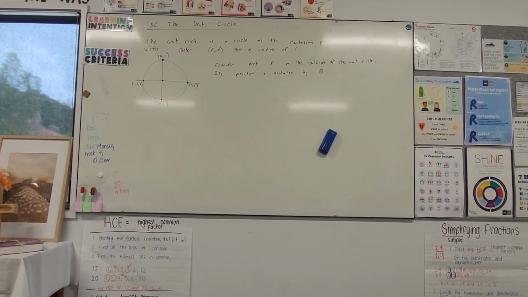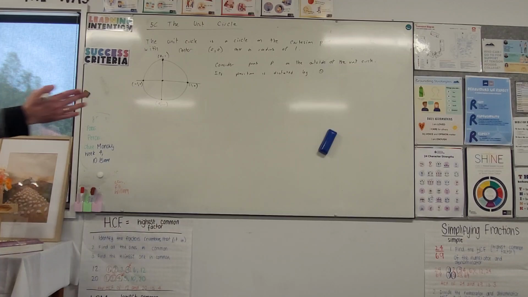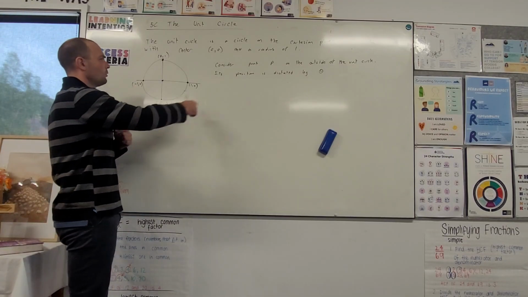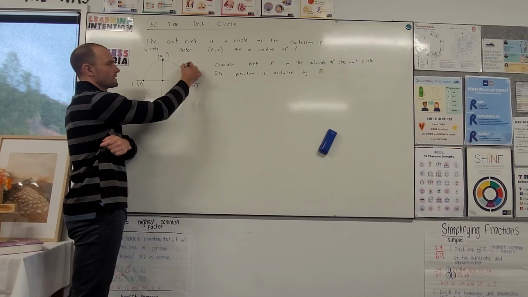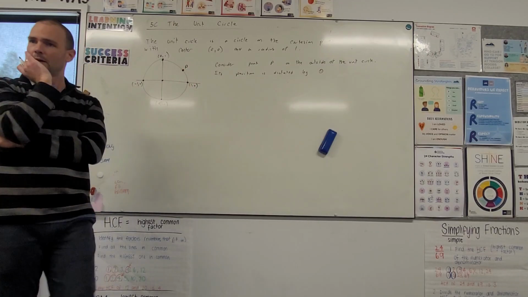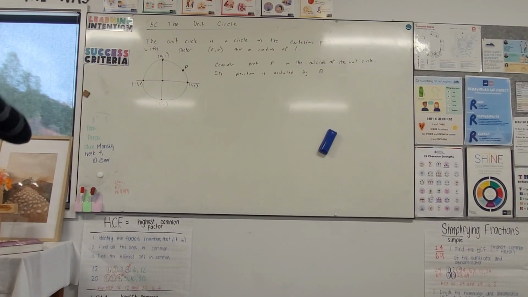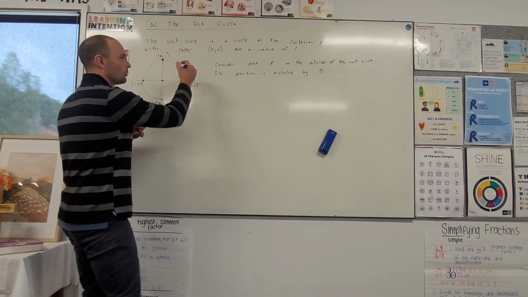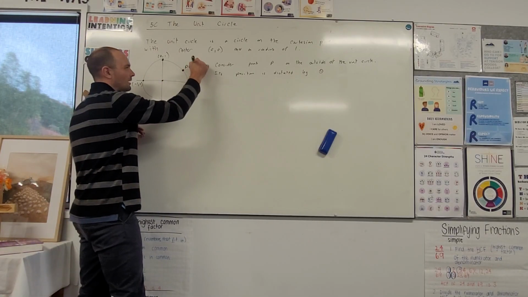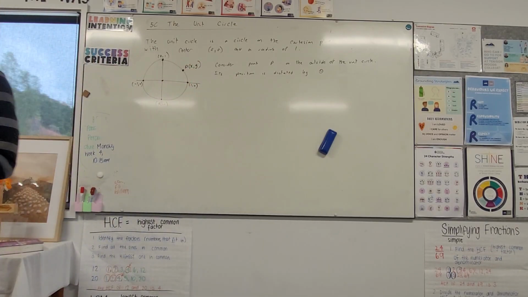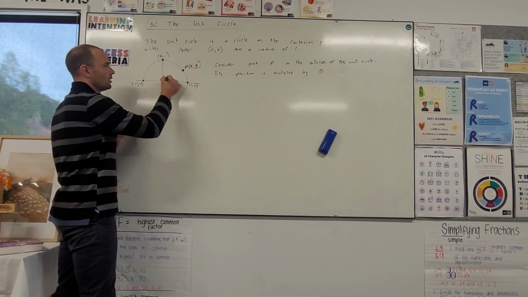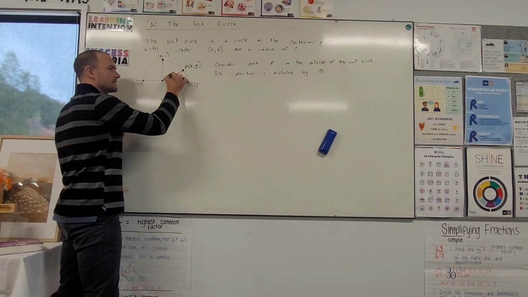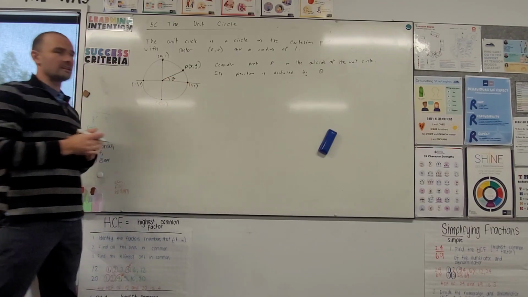Very good. Now we could draw point P anywhere on the outside of the unit circle. I'm going to put it there. That's going to be point P, right? And it has some coordinates. It has an X coordinate of X and a Y coordinate of Y. We don't know what the coordinates of point P are, but I've said its position, where it is located, is dictated by the angle theta.